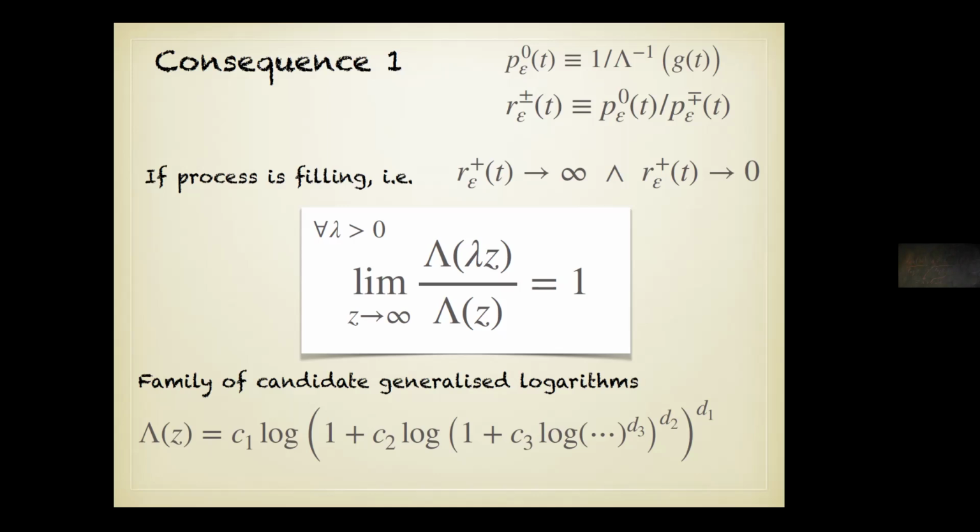Yeah. So I still have a question about this filling thing. If you divide by p plus, so p is a number between 0 and 1, right? So how can r plus ever be 0? In the limit. Which limit then? T to infinity.